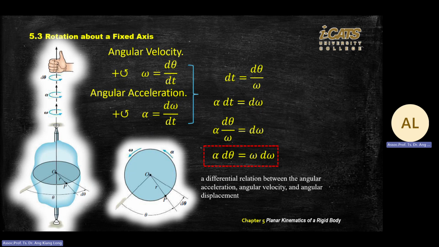Omega is V, V equal to ds dt, you just replace theta as S. Same with acceleration, A equal to dv dt, you replace alpha as A, omega as V. Then for the third equation that you derived, A ds equal to V dV, replace A as alpha, S as theta, omega as V, then you get the angular formula.